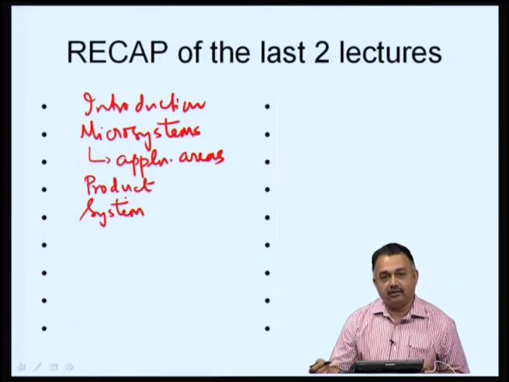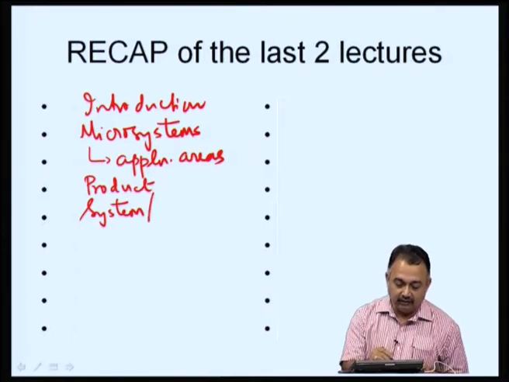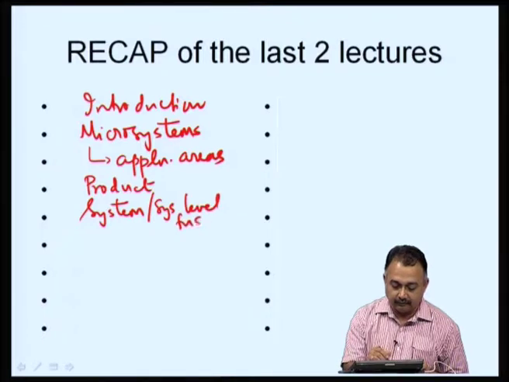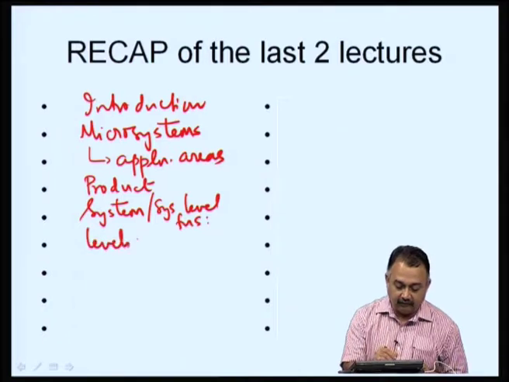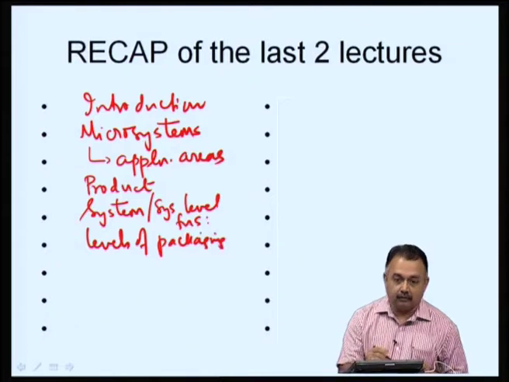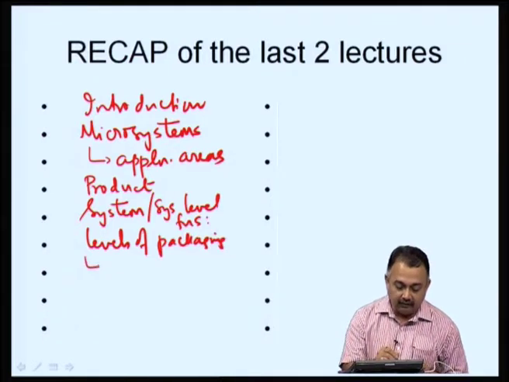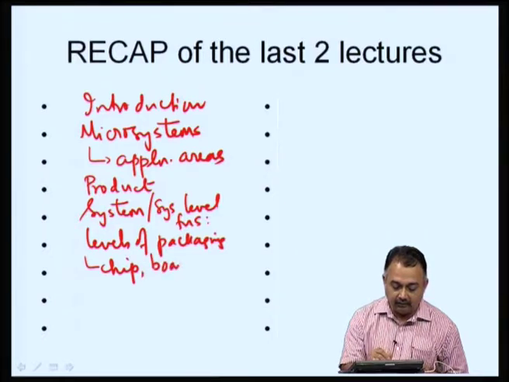So, any design today in electronics packaging should be viewed at system level functions. Then we have briefly seen the levels of packaging, right. We have seen terms like chip level packaging, board level packaging and system level packaging, what it means.